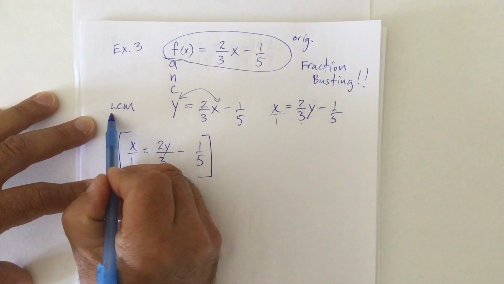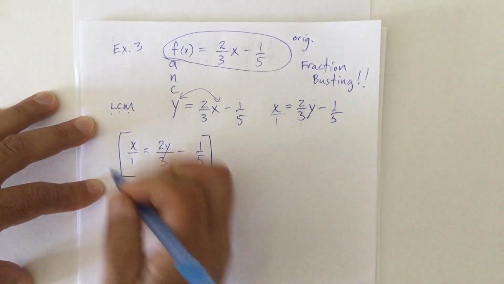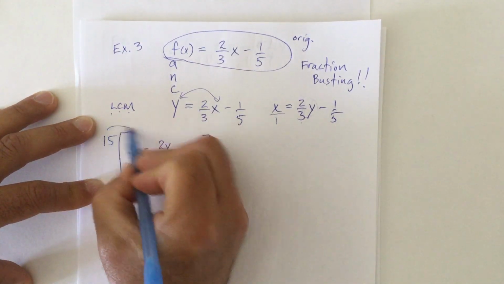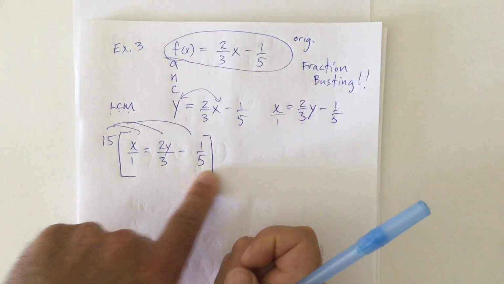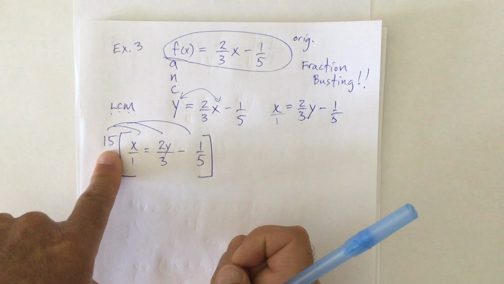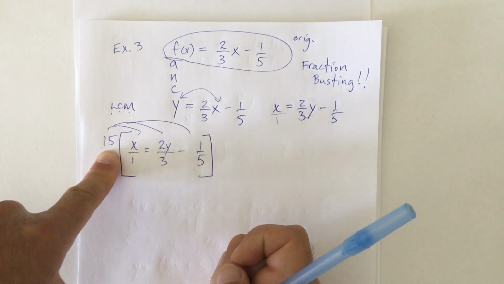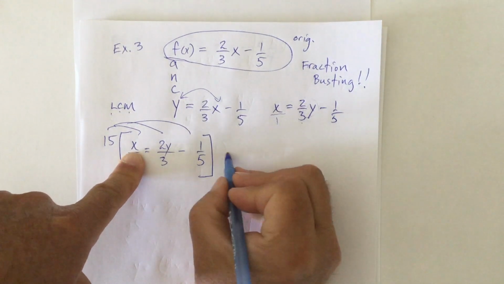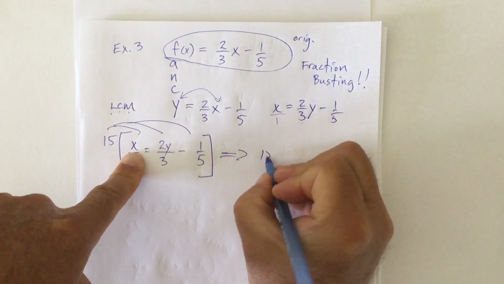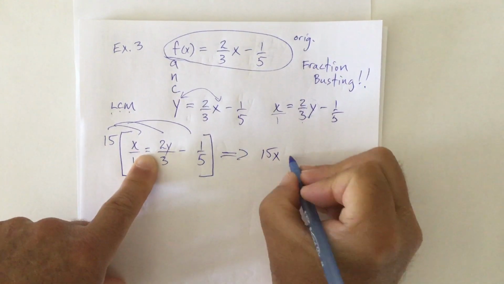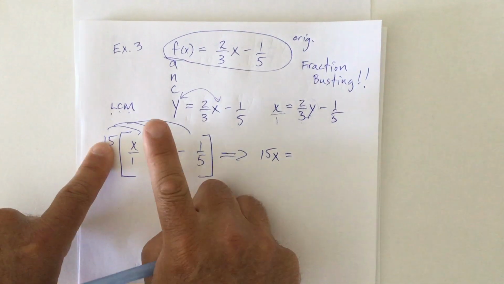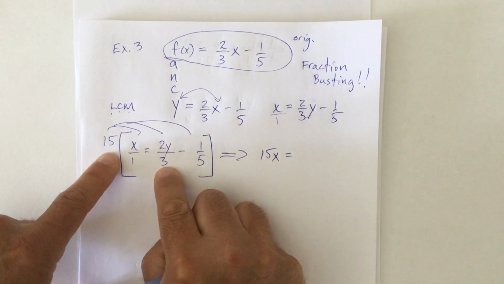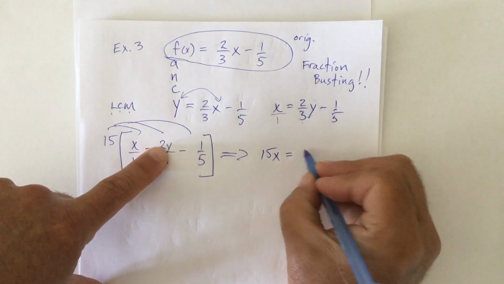But 30 is not the least common multiple. 15 is. So I'm going to say let's multiply everything here by 15. If I multiply everything in an equation by the exact same thing, I'm not really changing it. 15 times x, what do I get here? I get 15x. Equals, if I did 15 times this, well, 3 goes into 15, 5 times 2, I would get 10y.